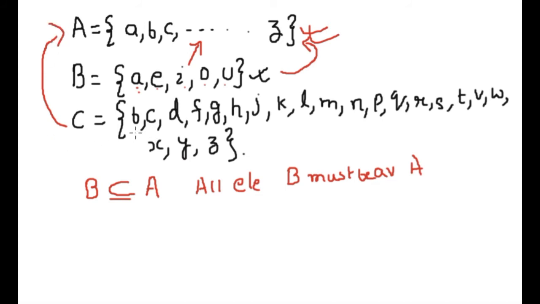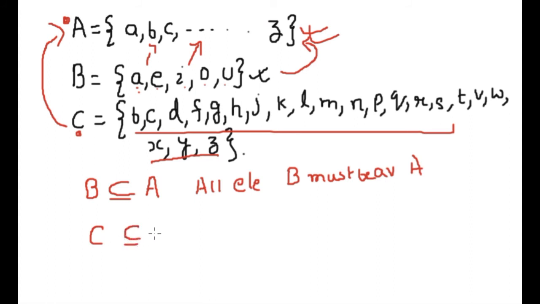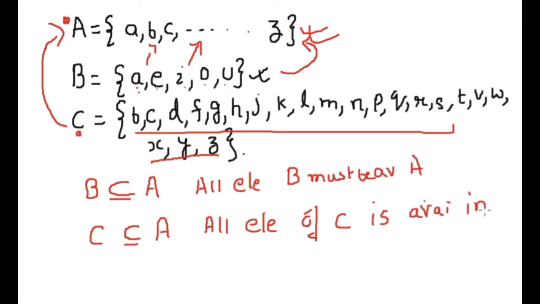Yes, because all elements of C are available in set A. So C is also a subset of A. C is a subset of A because all elements of C are available in A. Can we say C is a subset of B?